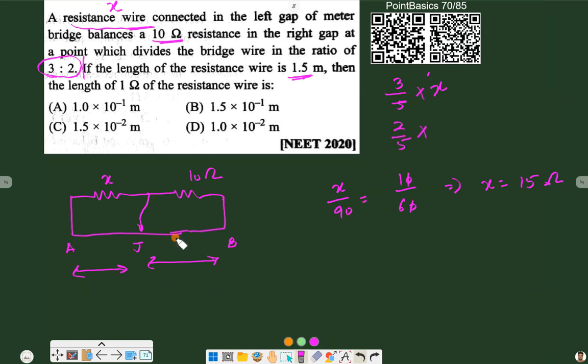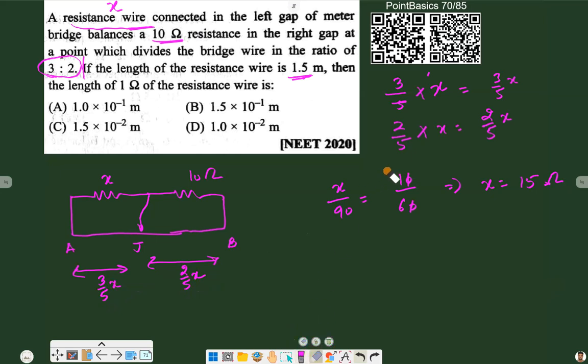Suppose length AB is equal to x, so it will be 3 by 5 of x, and this will be 2 by 5 of x.